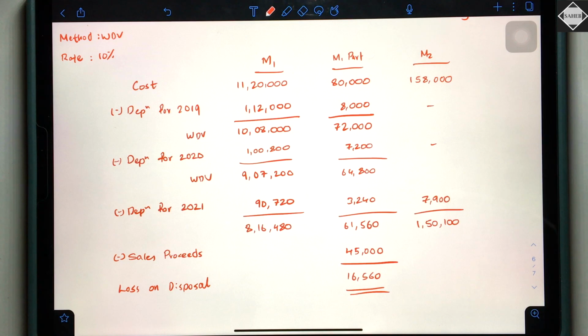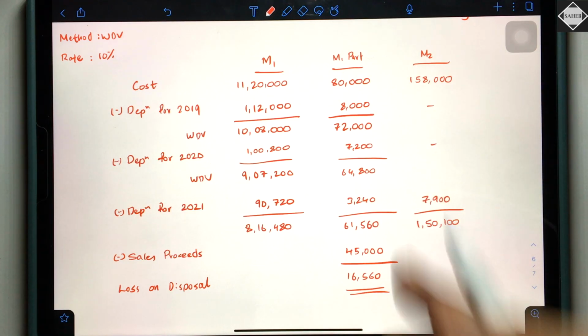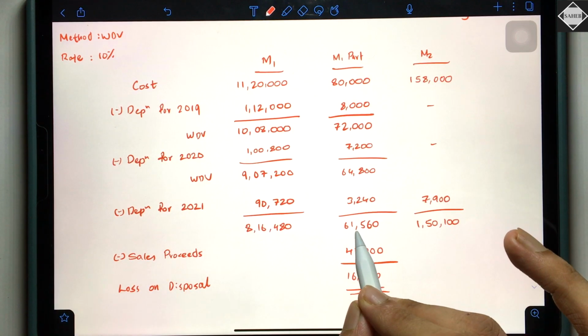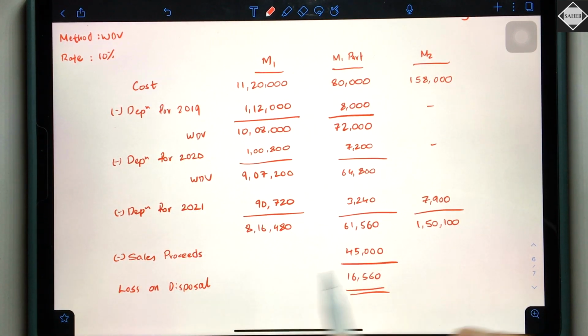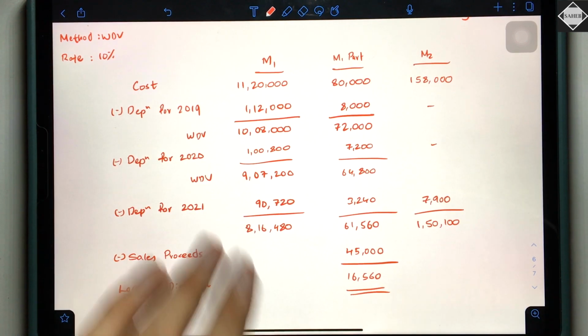You will have how much depreciation you have charged in each of the years. You easily just add that up, you will get the accumulated depreciation, right? So this is how you have to do it. And whenever you sell, you just have to calculate the WDV on the date of sale, and then subtract the sale proceeds, see whether you have loss or profit, and that's how you have to do it. Fine, simple and straightforward.